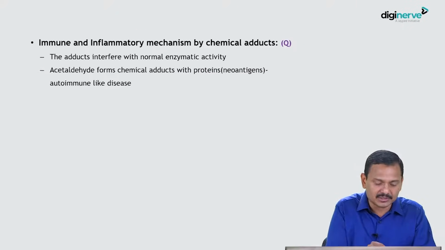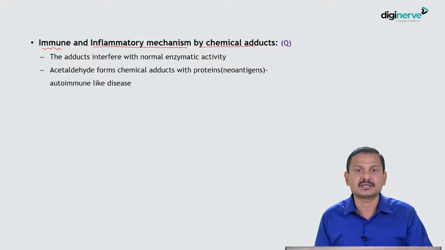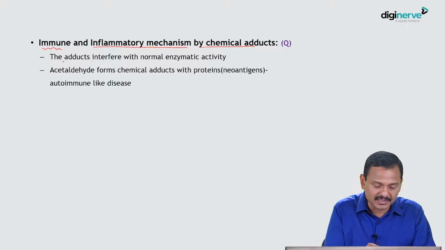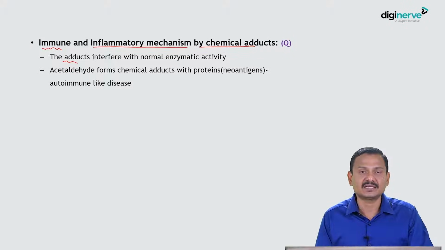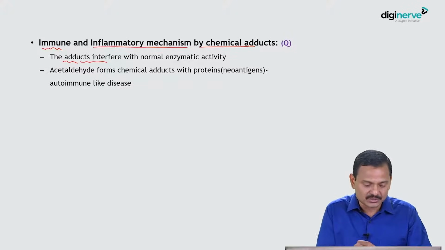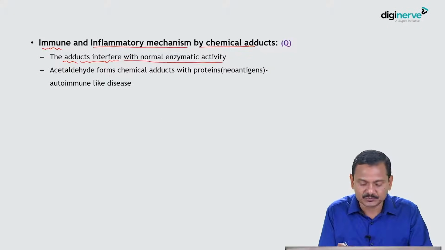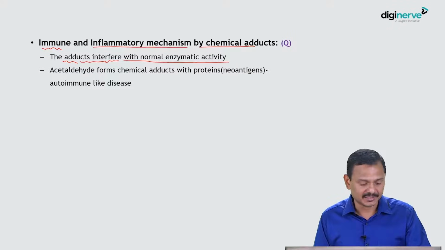Now we come to the third, that is immune and inflammatory mechanism by chemical adducts. Okay, so how are the adducts formed? The acetaldehyde combines with the proteins to form adducts, and as we know that enzymes are also protein, so acetaldehyde will connect with the enzymes, and then it will interfere with normal enzymatic activity.